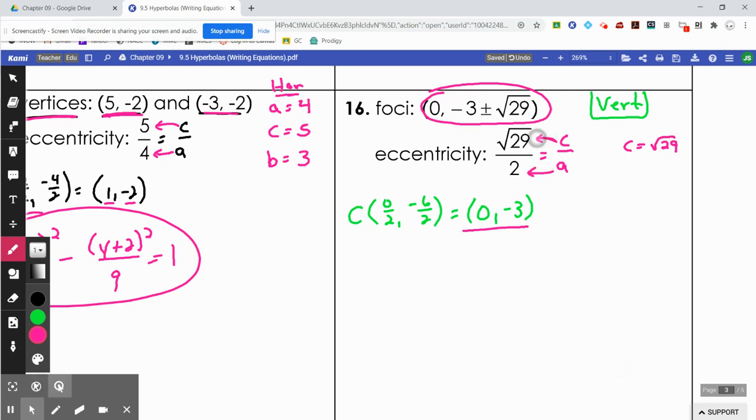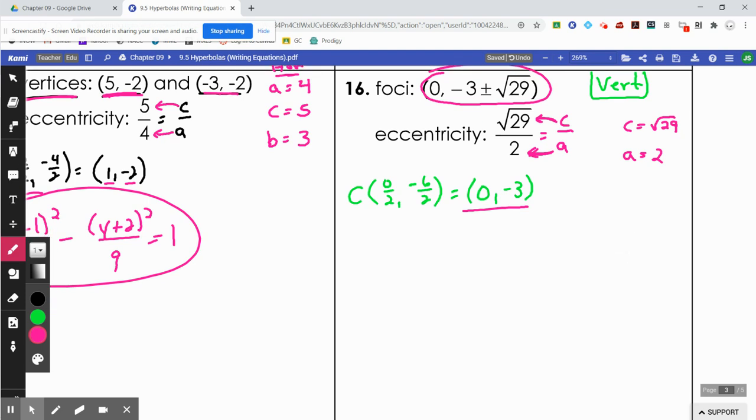Yes, we do. C is root 29, so that means that a has to be 2. If you got a different c value, then you would have plugged it in and solved the proportion to find out a. We know that a squared plus b squared equals c squared, so let's plug it in. A squared plus b squared is equal to c squared, which would be 29. Solve that, and you're going to get b has a value of 5.